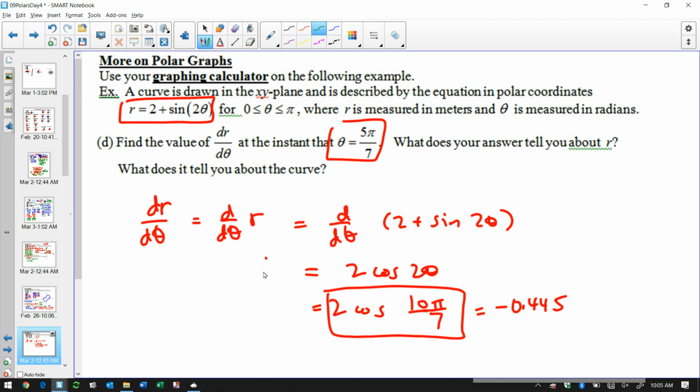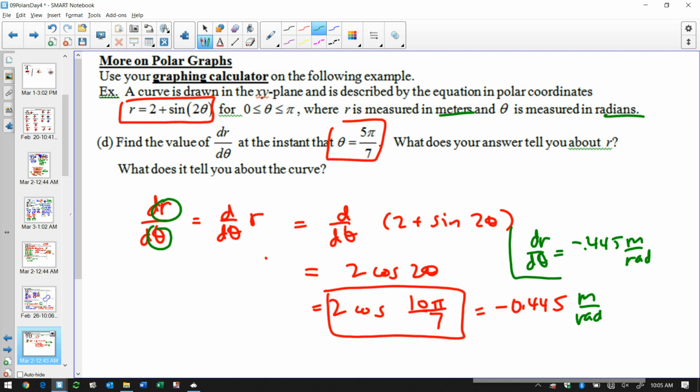And let's do units just for fun. It doesn't ask me for units. But this is R, and R is in meters. And this is theta, and theta is in radians. Okay, so what's happening here is I have dr d theta is equal to negative 0.445 meters per radian. And the question is, what does this tell you about R?